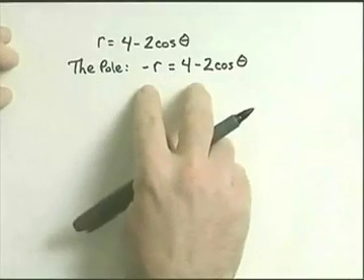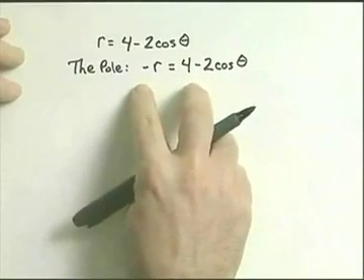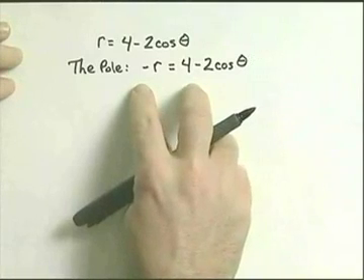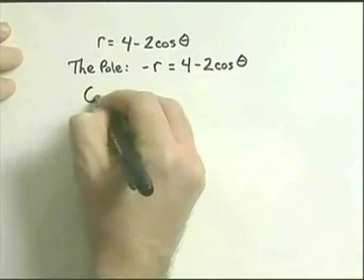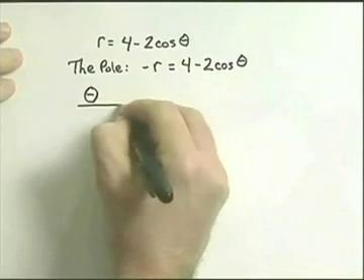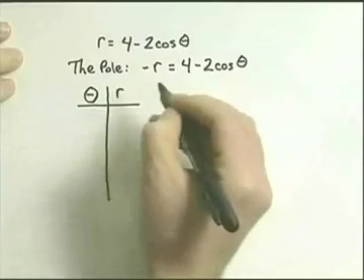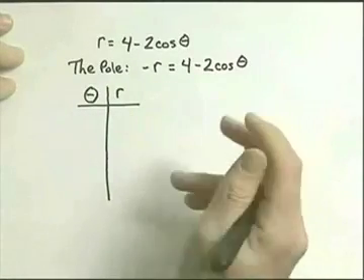Now that we have the tests for symmetry accomplished, and because I know that the graph is symmetric with respect to the polar axis, what I'm going to do is establish a table of values. I'm going to choose a table of values between 0 and pi, again because of the symmetry with respect to the polar axis.